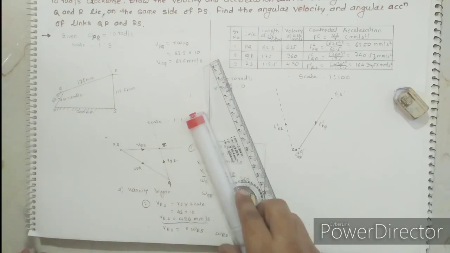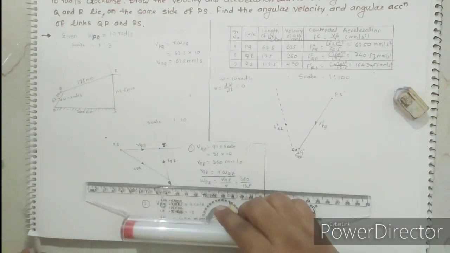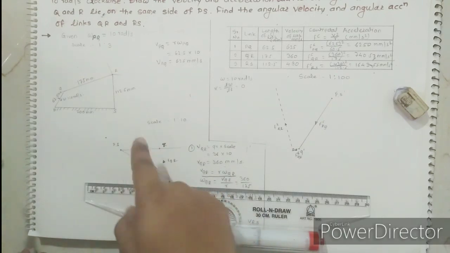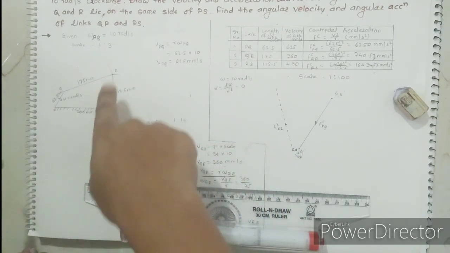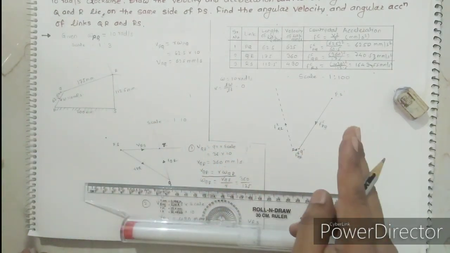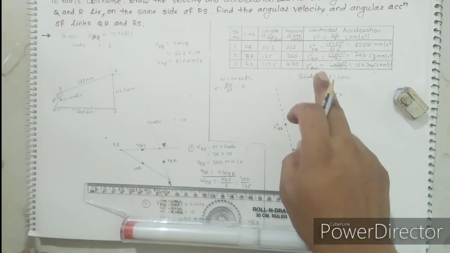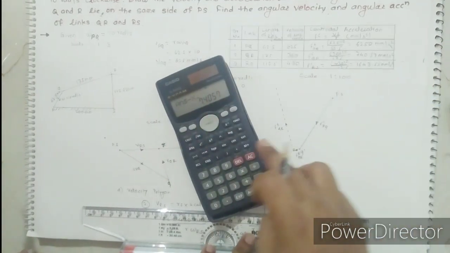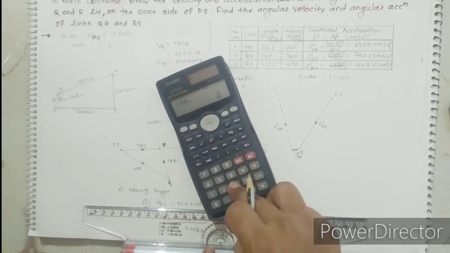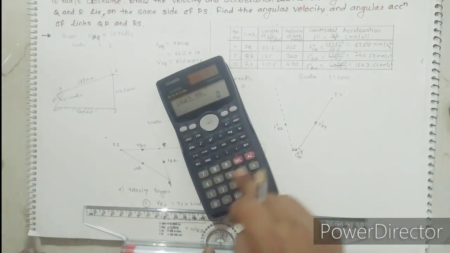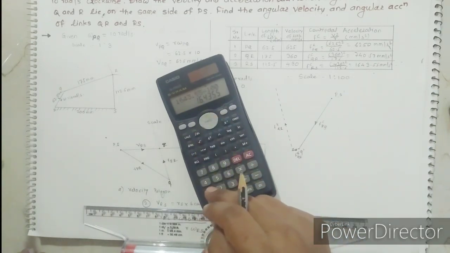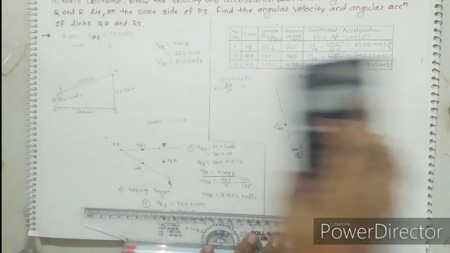Now the next one is the RS link. The RS link is also rotating with a variable angular velocity, which is not constant, therefore there is an angular acceleration, so it also has two accelerations, centripetal and tangential. So first draw the FCRS. 1643.55 divided by 100 is 16.43, that is 1.6 centimeter.